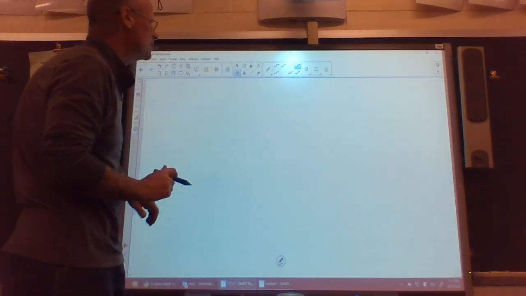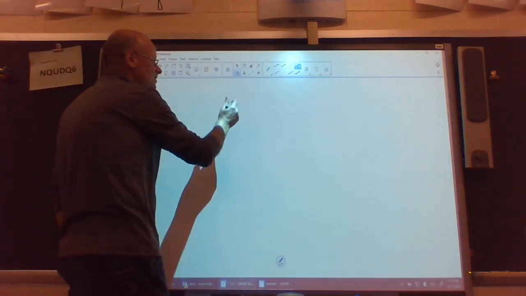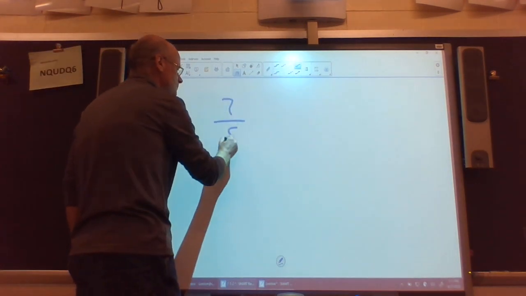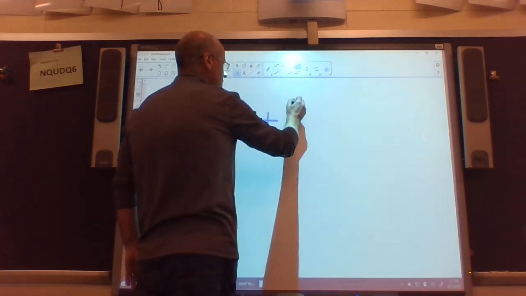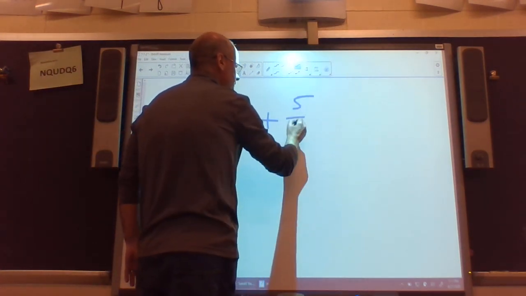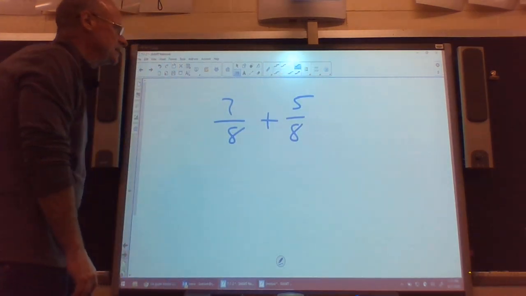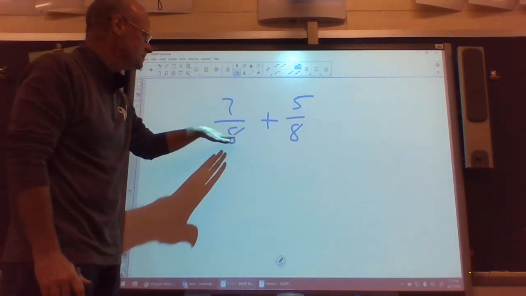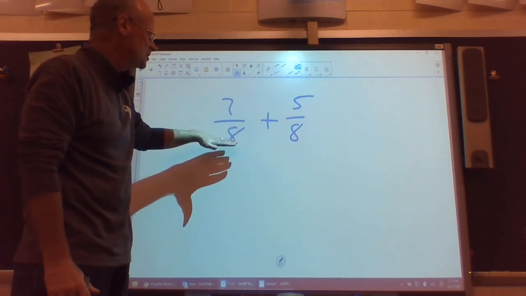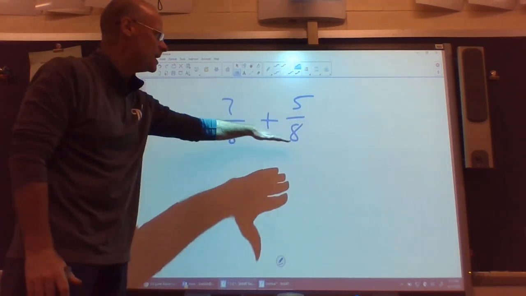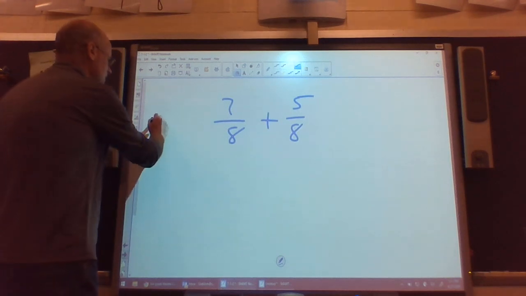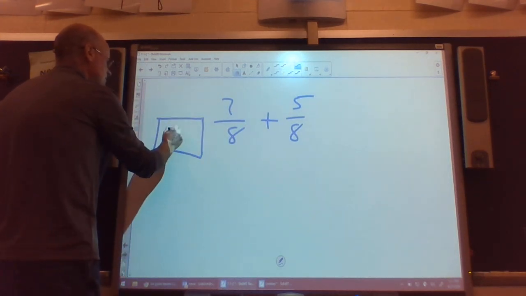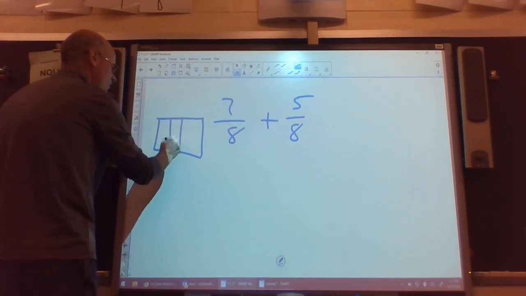And we're going to add a couple fractions. Actually, I'm going to do 2 problems for you to explain this. So, when I'm adding fractions, the denominator just tells me how many pieces my object's cut into. So that means this would be cut into 8 pieces.